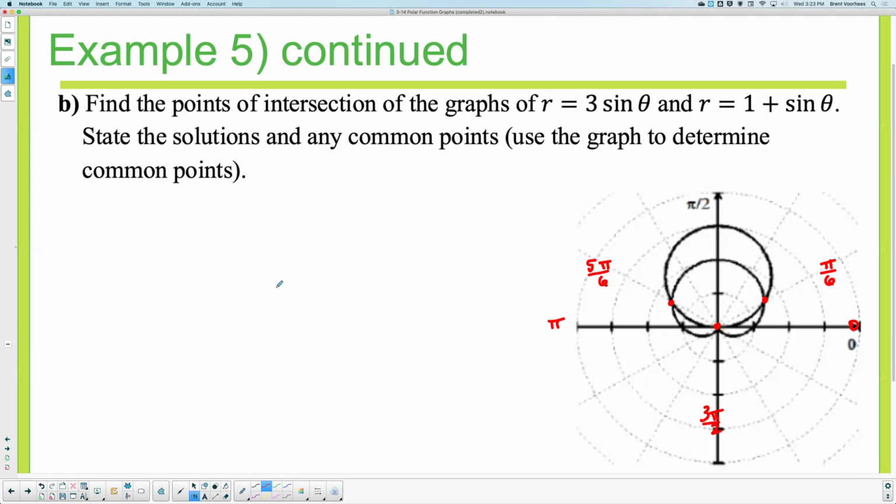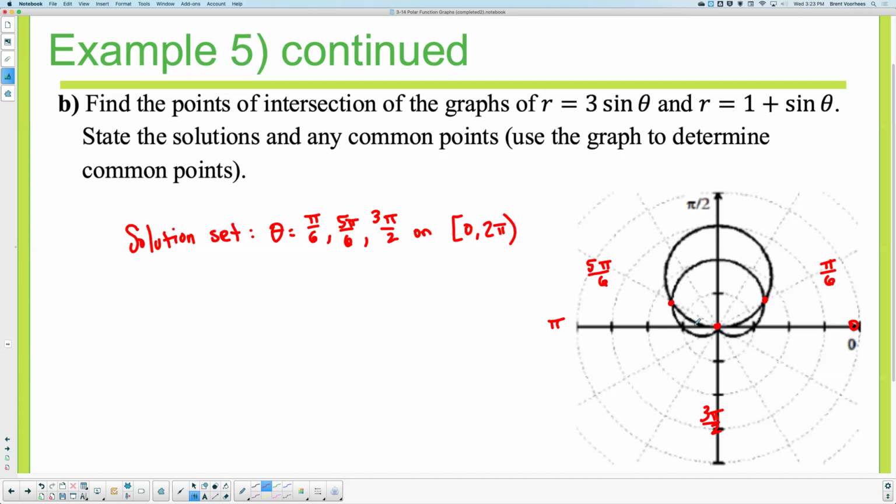So the points of solution, the solution set, I could list out the points here. It's theta equals pi over 6, 5 pi over 6, and 3 pi over 2 on the interval from 0 to 2 pi.